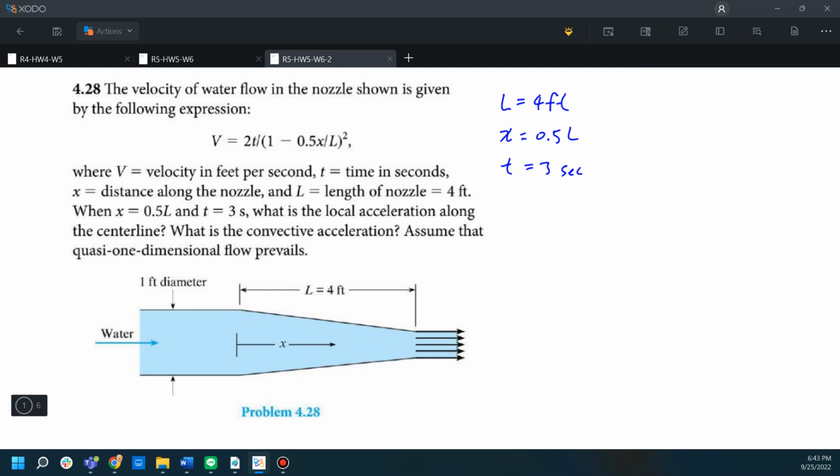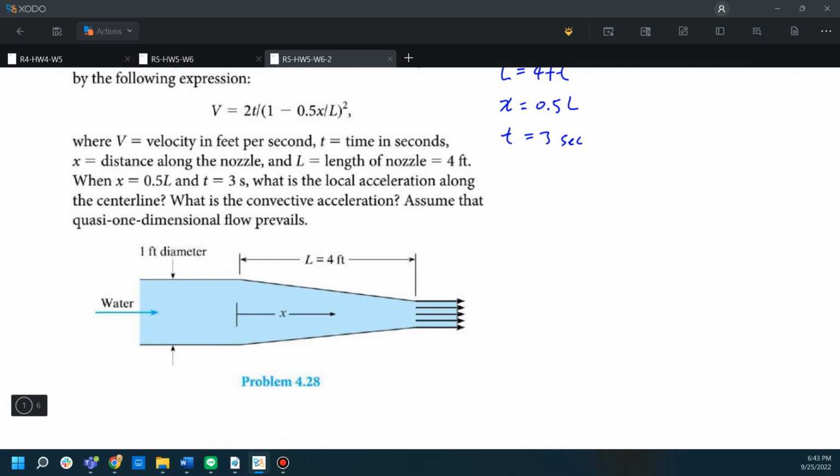Okay. And the question asks us what is the local acceleration along the central line and what is the convective acceleration, assuming that quasi one-dimensional flow prevails.